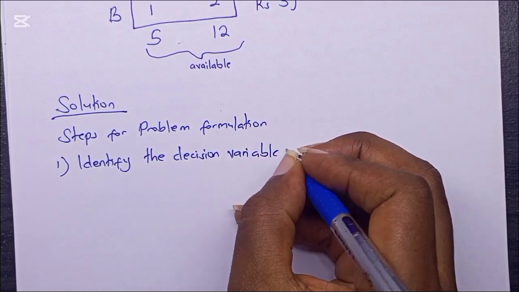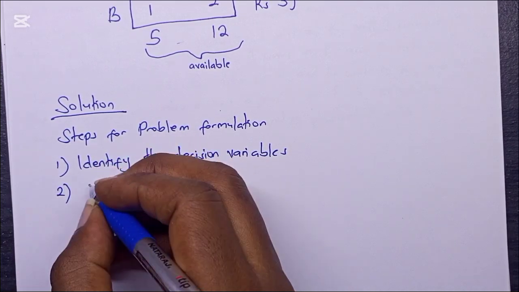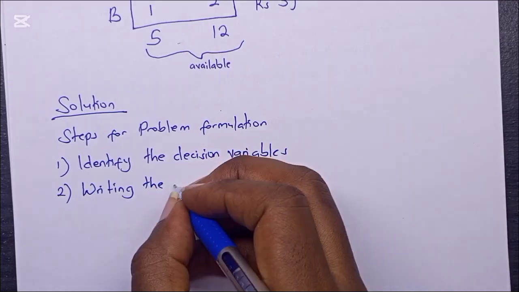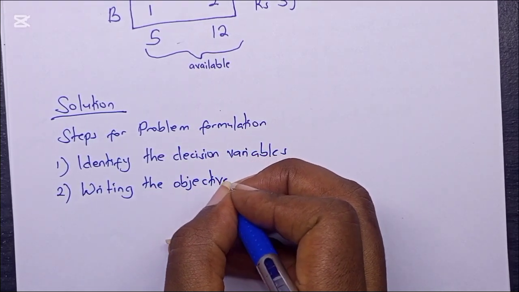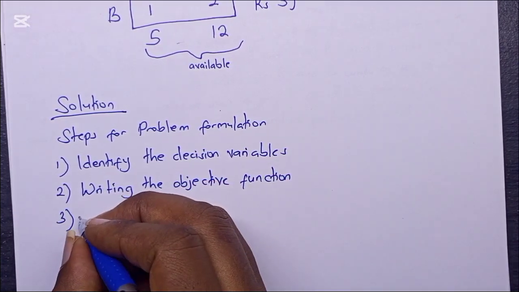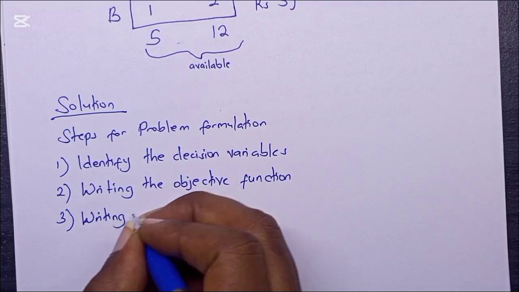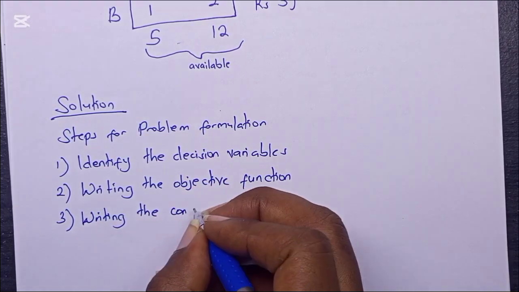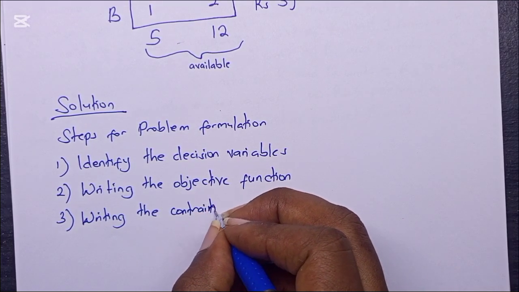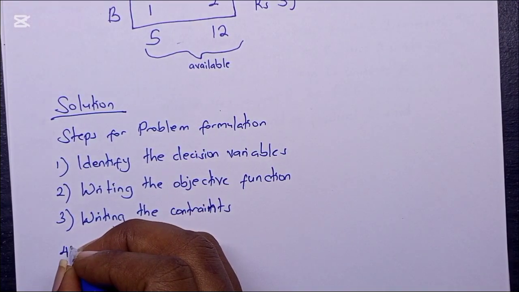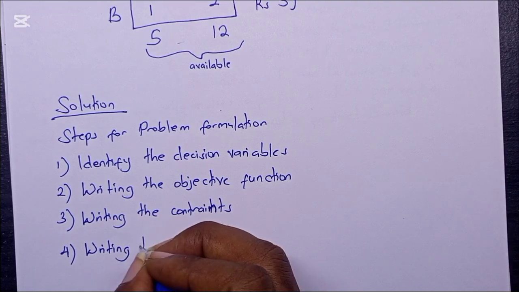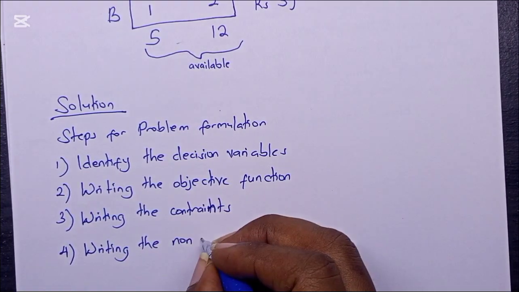Then step 2 is you have to write the objective function. Now step 3 is to write the constraints or limitations that are available. Then the final step is to write the non-negativity restriction.